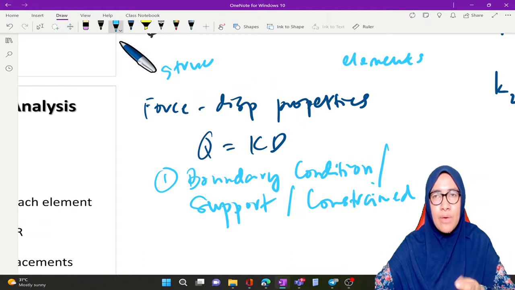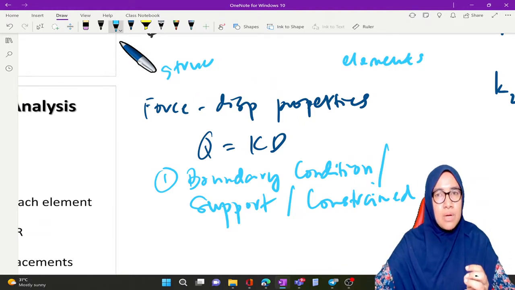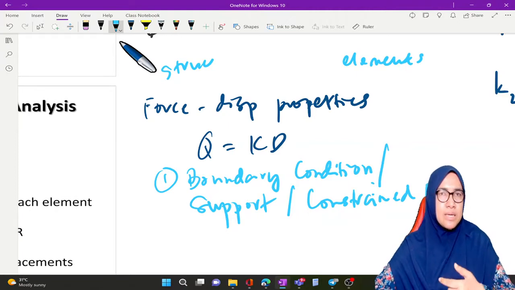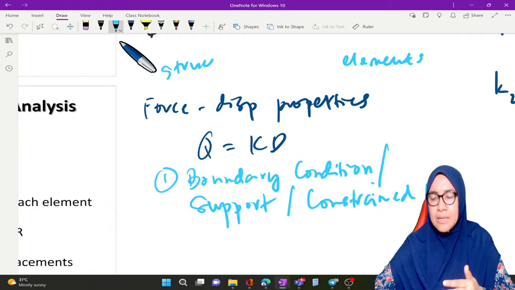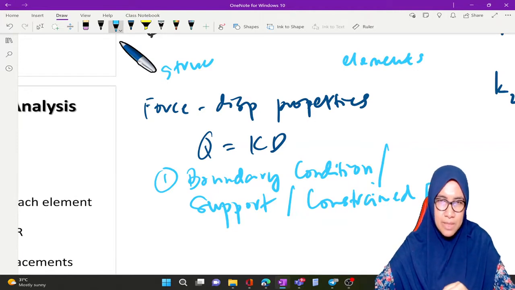In the software, we use the term boundary condition, and boundary condition is actually the support system, either pin support or roller support. In the stiffness method, support is actually a constrained degree of freedom.